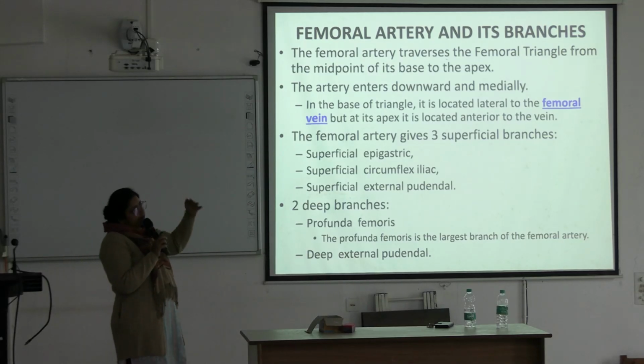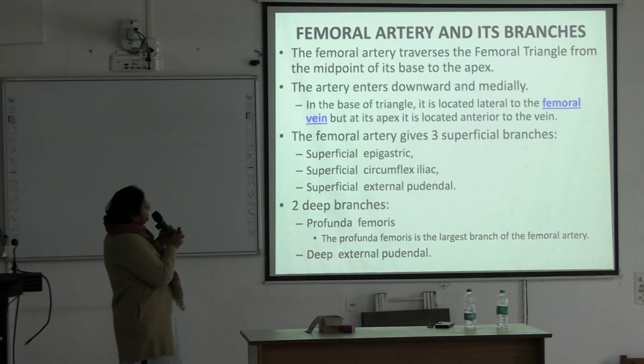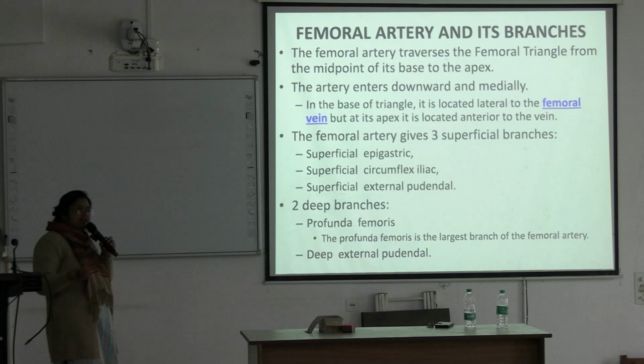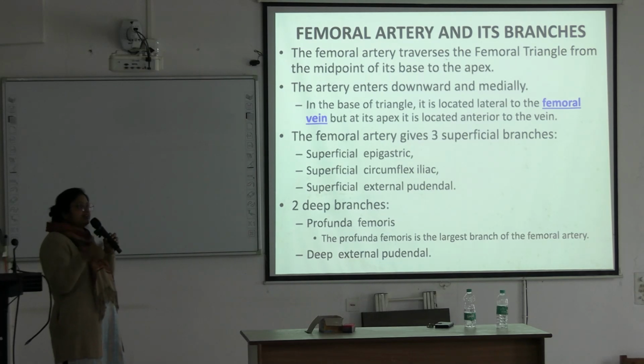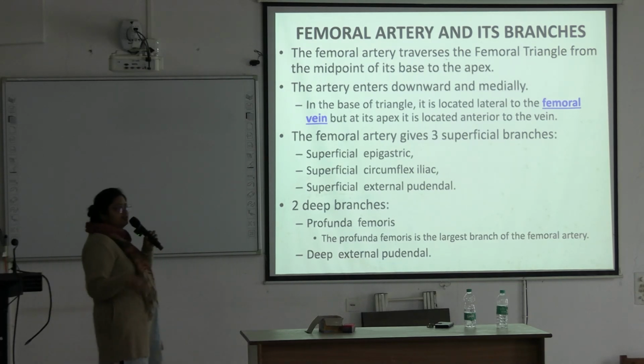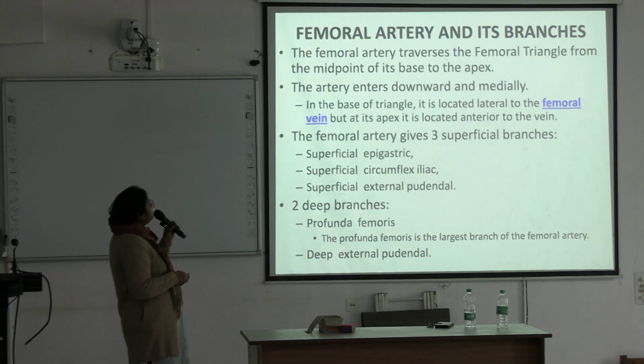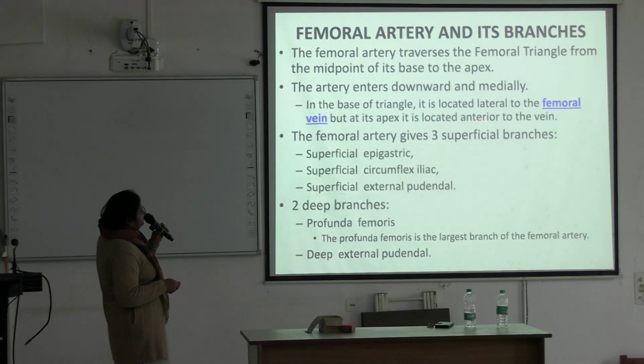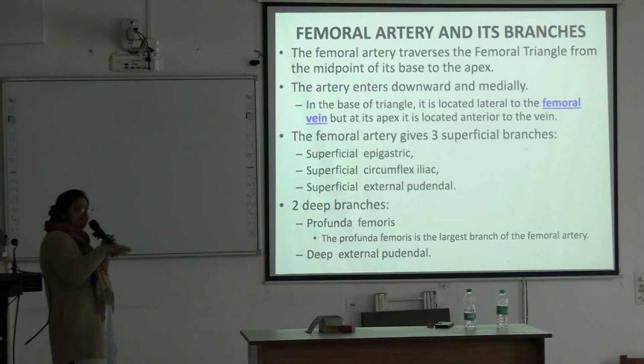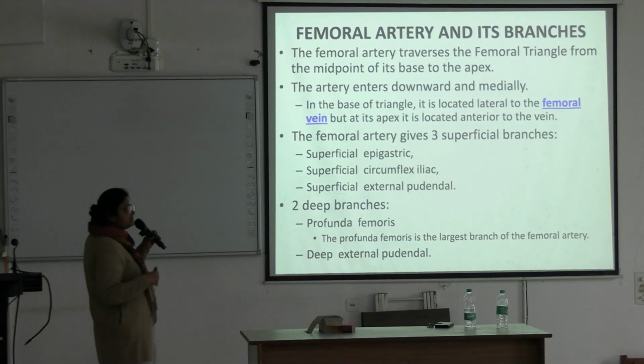Near the base, the femoral artery is located laterally. Near the apex there is a change of position: at the apex it is anterior to the vein, and after that the artery goes medial to the vein. So there is a crossing of these vessels.